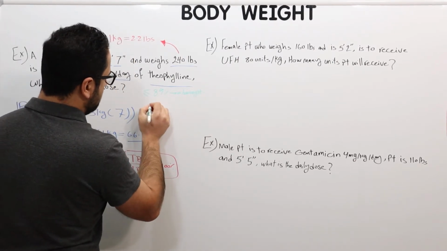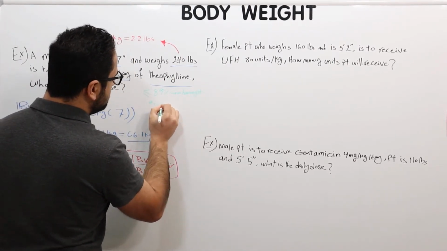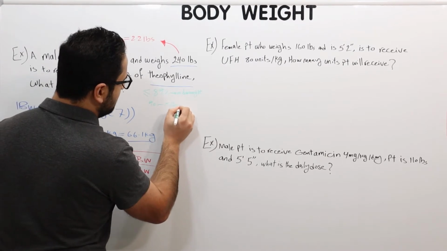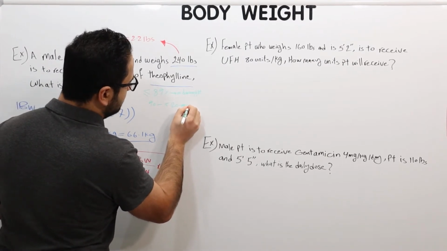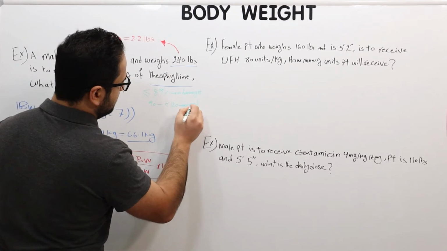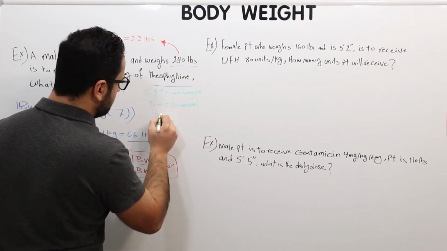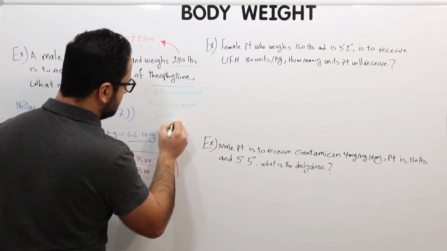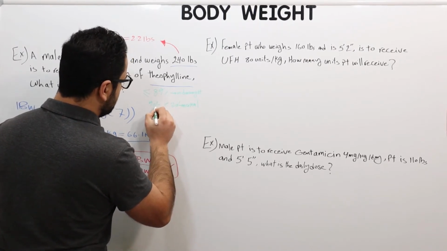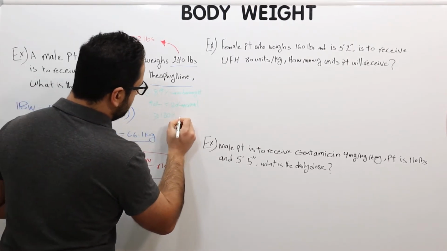If it's 90 to less than 120, this is normal weight. And if it's above or equal to 120%, these are percentages, then this would be obese.